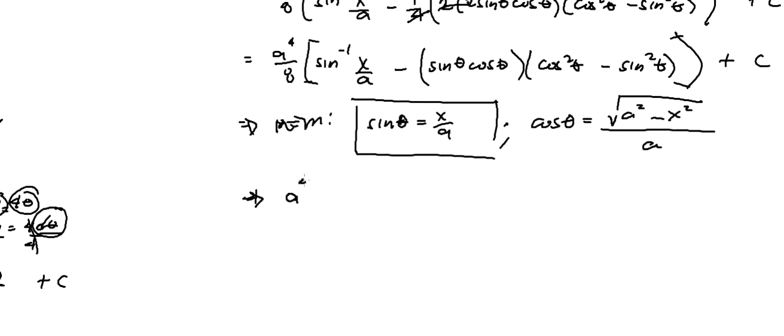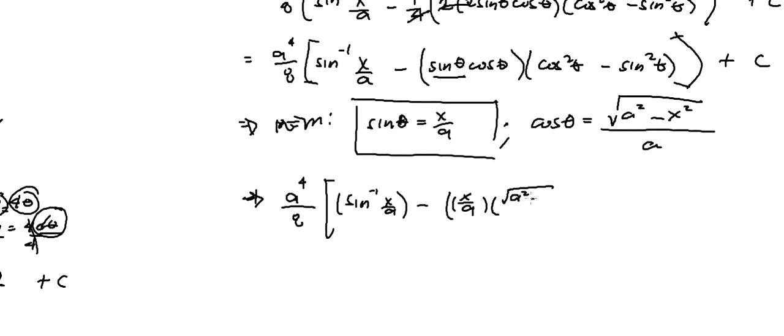So we have a to the 4 all over 8 times sine inverse x all over a minus our sine theta, which is x over a, multiplied by our cosine theta, which is square root of a squared minus x squared all over a, then multiplied by cosine squared.